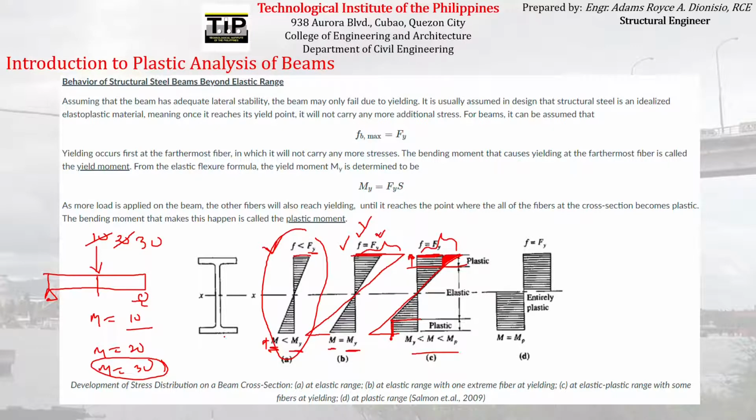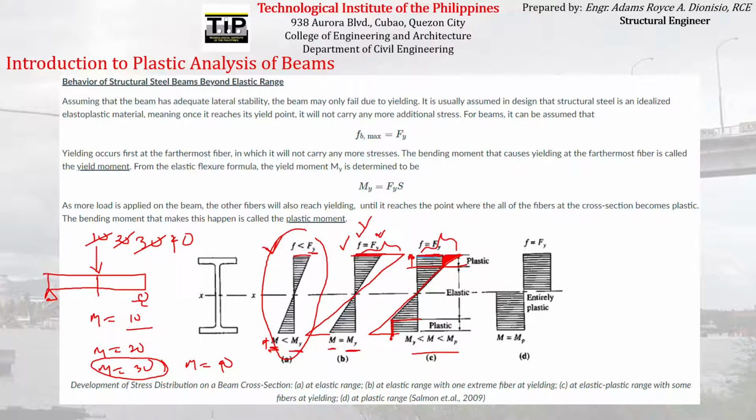In fact, kapag in-increase mo na naman yung load diyan, ginawa mo 40, so maglalaki na naman yung moment, magiging 40 kunyari. So, ang mangyayari dito sa stress distribution, magbabago na naman 'yan, lalong lalaki na naman supposedly yung stress distribution natin.